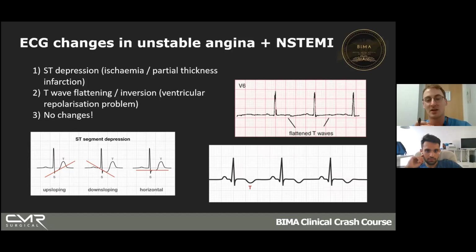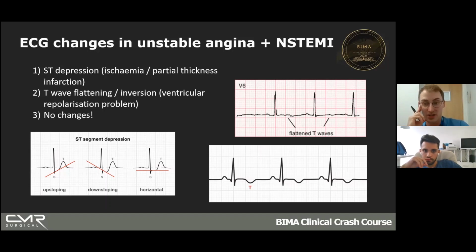That's enough to know. And T-wave inversion or T-wave flattening. We can see here the flat T-waves in the top right and inverted T-waves on the bottom right. And this represents both an NSTEMI and an unstable angina. So you can't tell them apart on an ECG, basically.